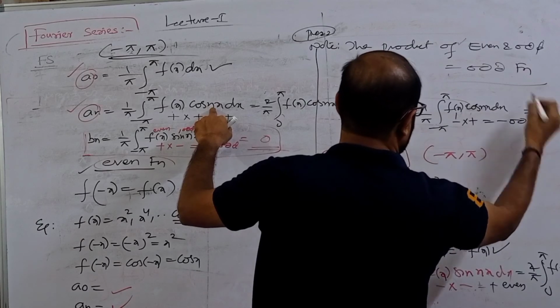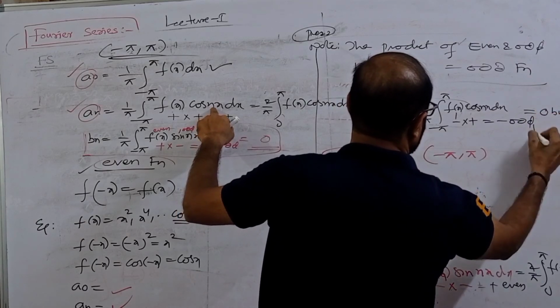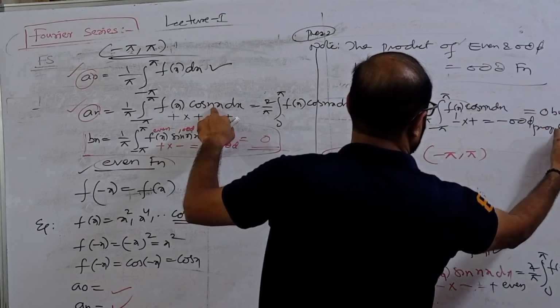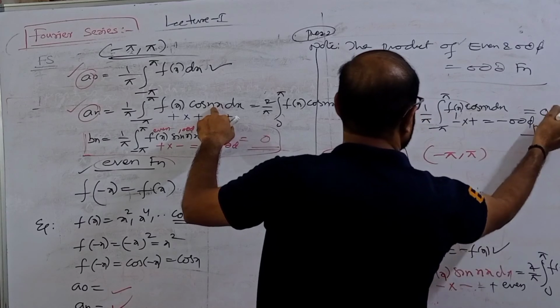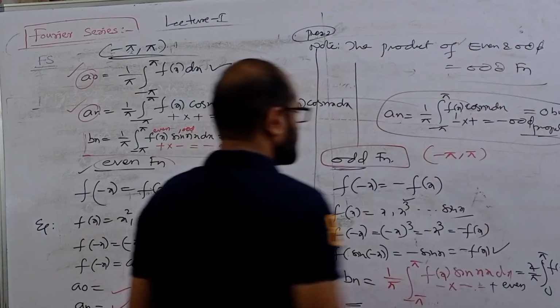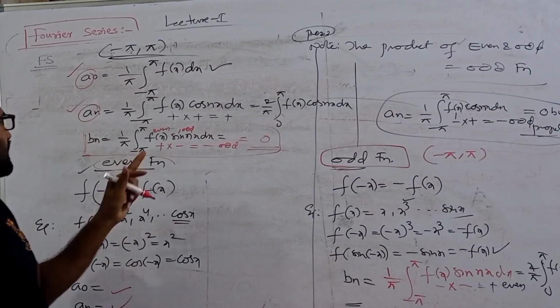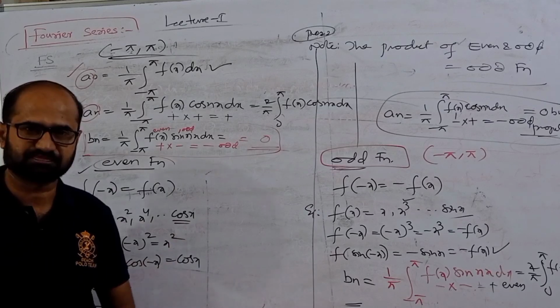Since it is odd, by property 1 the value is 0. So an is 0. Similarly you will get a naught also 0.